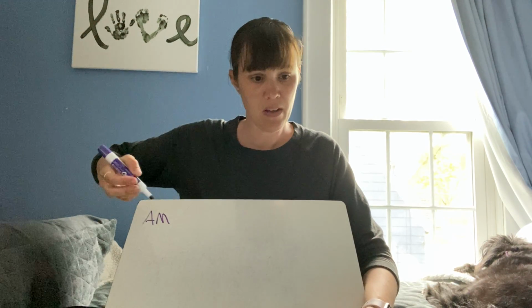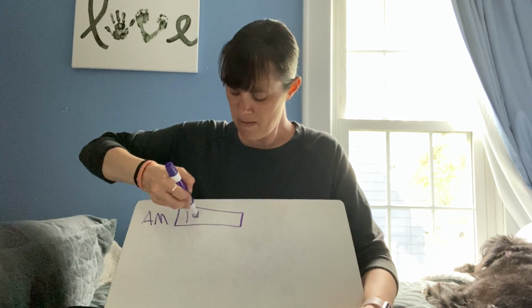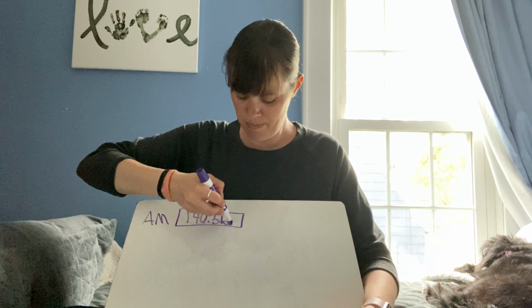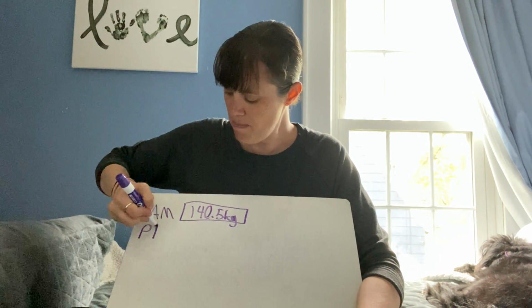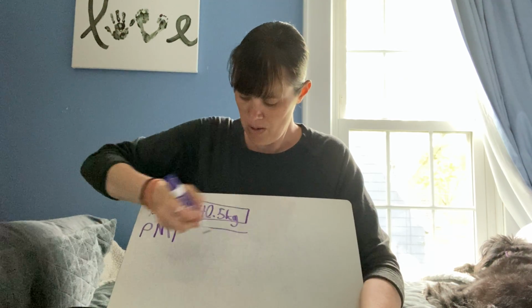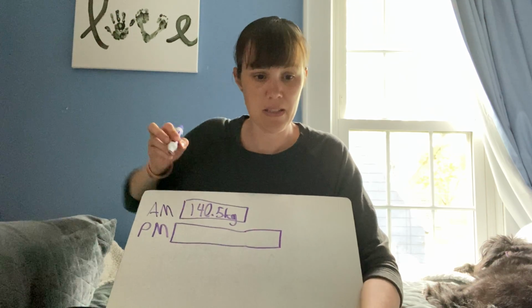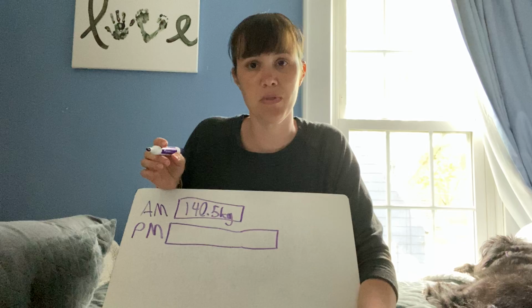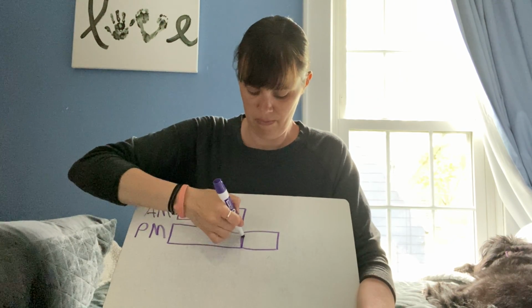All right, so in the AM, you had 140.5 kilograms. Then the afternoon, so in the PM, you had, it says 15.85 kilograms more apples in the afternoon than the morning.